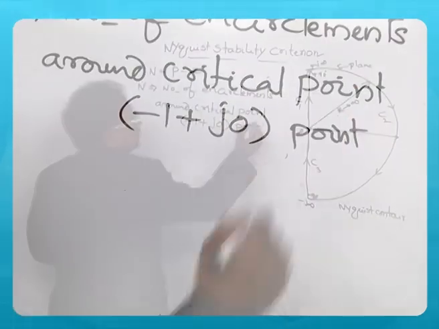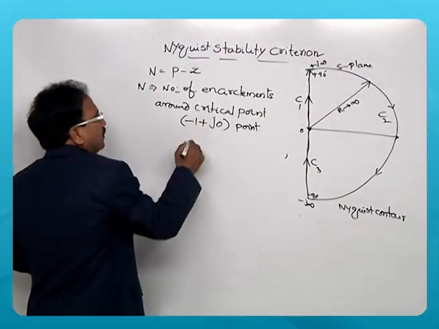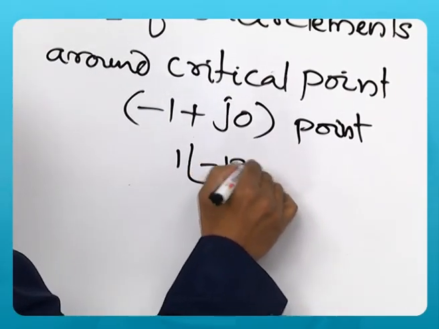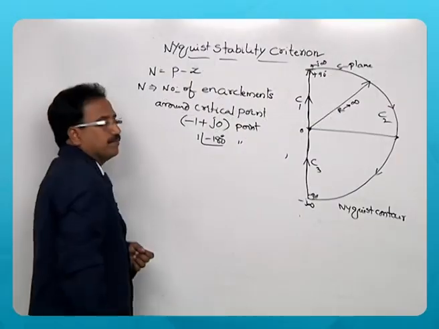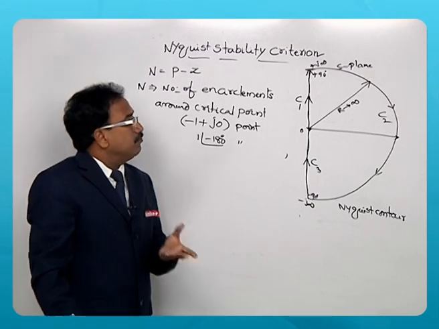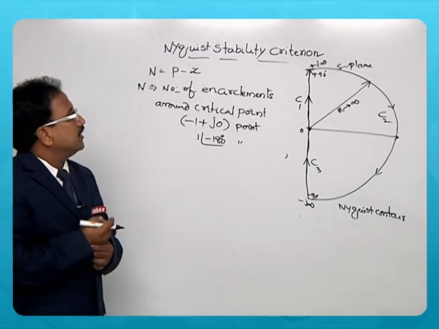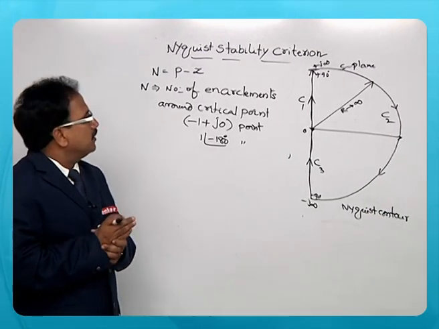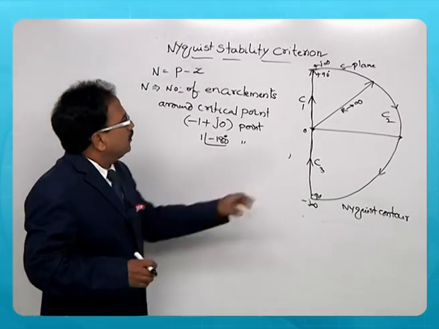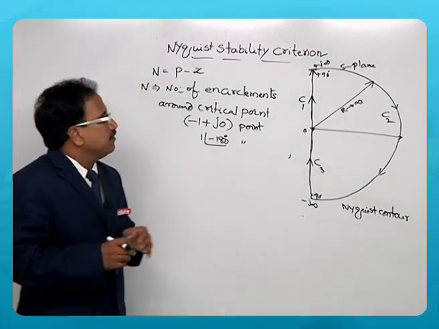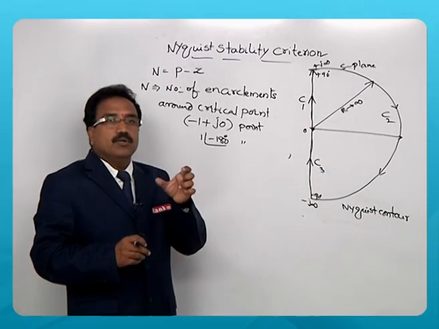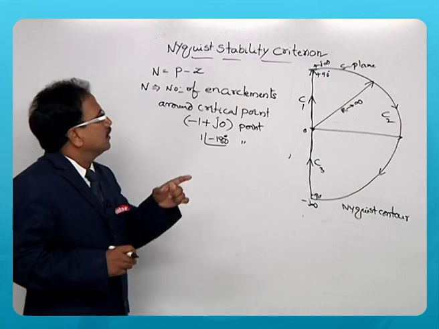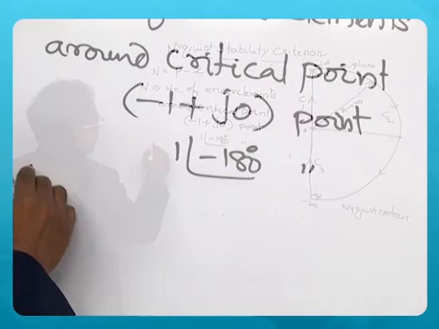This point is the critical point. Sometimes we call it 1 at an angle of minus 180 degrees also. So we should look for the number of encirclements in the Nyquist plot to assess the stability of the system. Now when you look at the Nyquist contour for a given loop transfer function, what is the mapping?